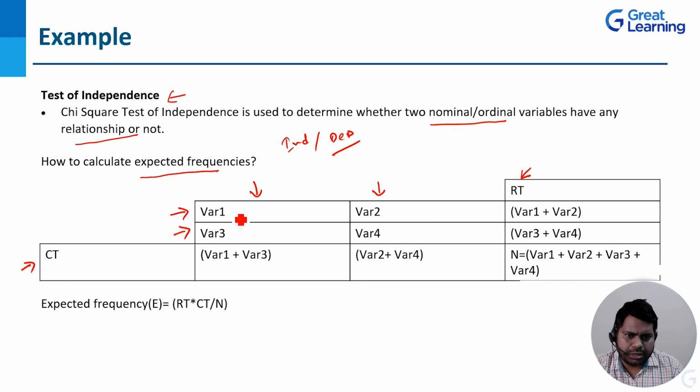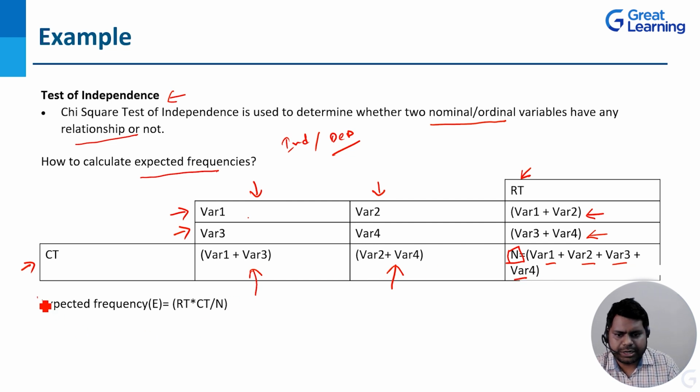So row term, like row term is V1 plus V2. That is sum of V1 plus V2. Then this row term is V3 plus V4. Then this term is V1 plus V3. This term is V2 plus V4. And total n, total sum of V1, V2, V3, V4 is variable 1 plus variable 2 plus variable 3 plus variable 4.